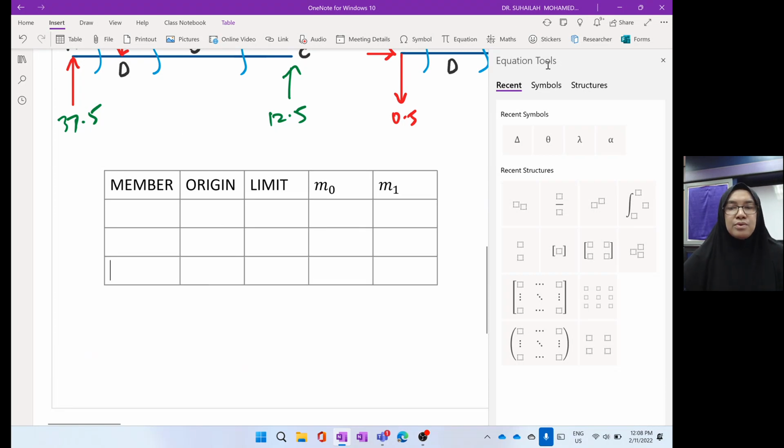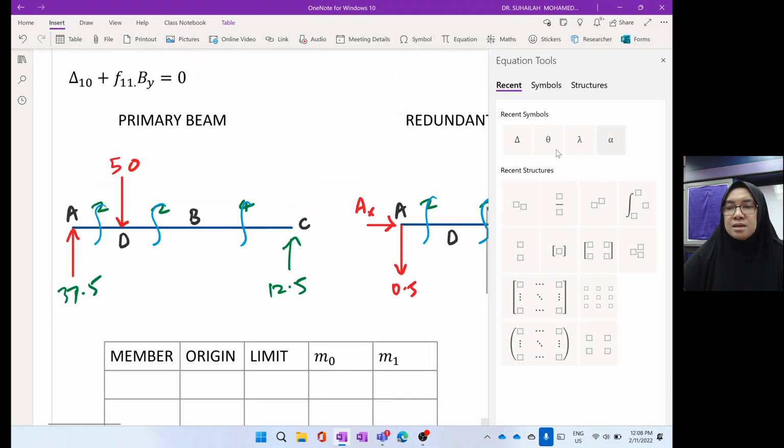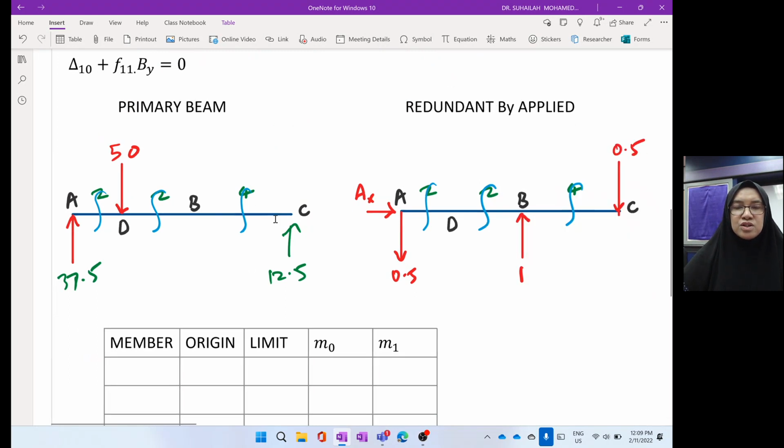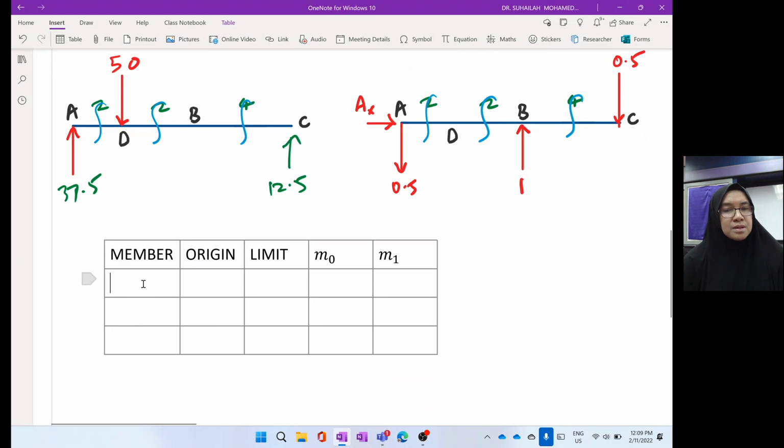We have 3 cutting sections. The first section is AD, second DB, third BC.